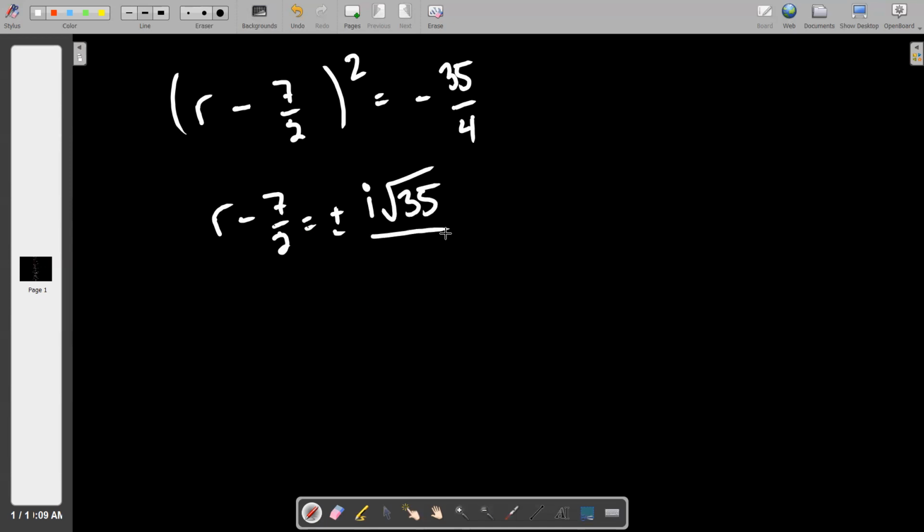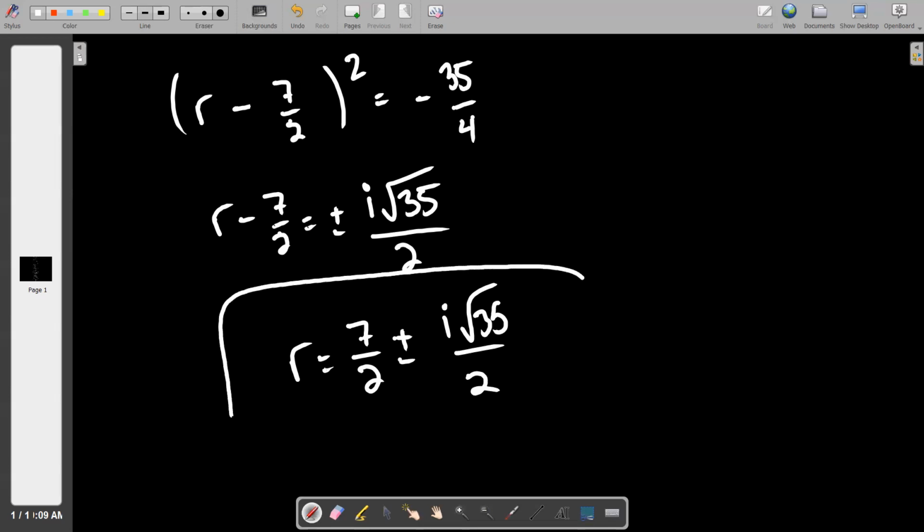And on bottom, last step. And what do we do, Sadie, when we move it across? Switch that sign. So 7 over 2 plus or minus i root 35 over 2. Done. Questions? All right.